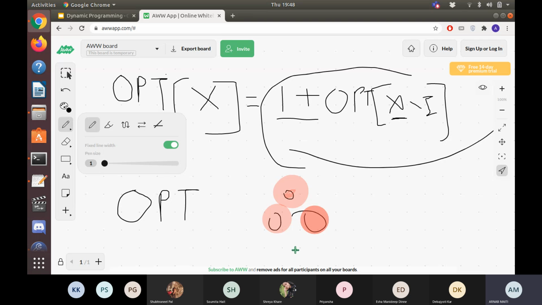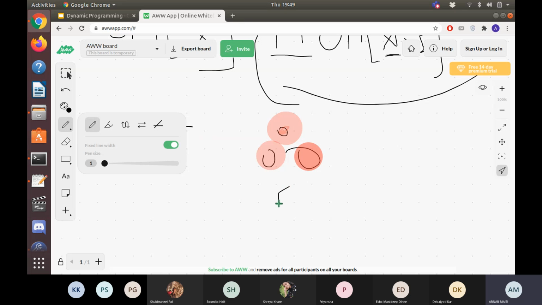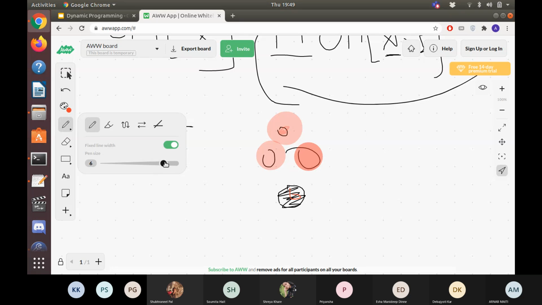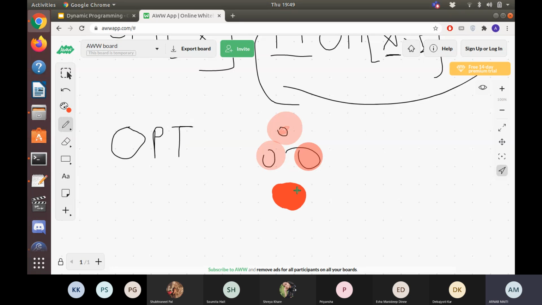So what I mean is, suppose in the optimal solution there was a vertex which doesn't have any edge with the red vertices, and it was colored with some different color. What I can do is just change its color to red, and it will still remain a proper coloring.